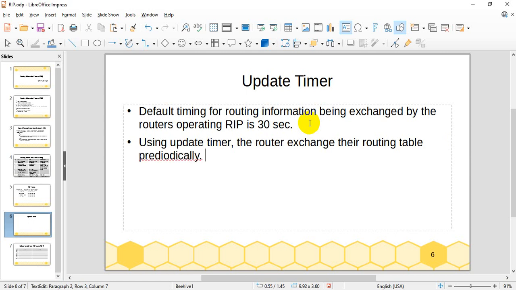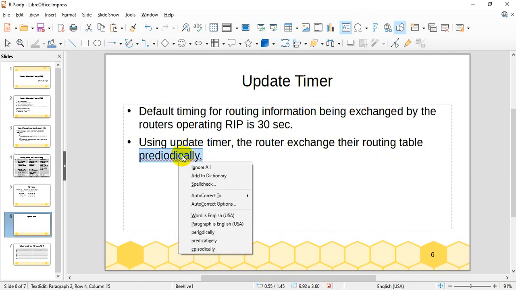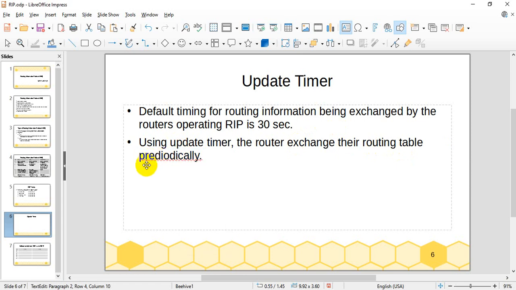Okay. This update timer is used to exchange the routing table periodically.